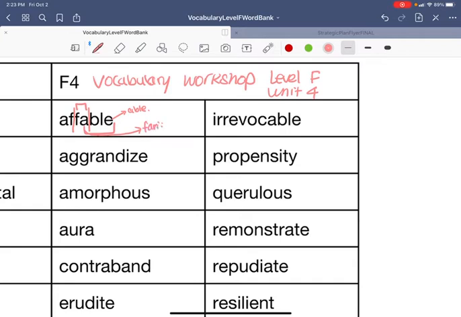And fari really means to speak. This prefix AF usually means towards that definition of the root, like affinity and all these other words, right?